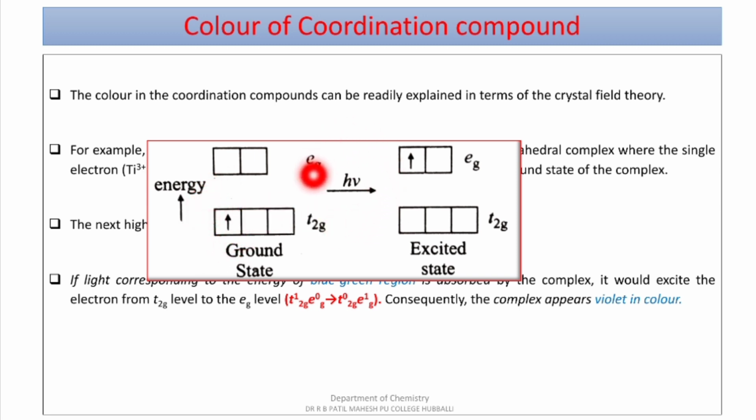In the presence of light of suitable frequency, it excites to the higher energy level, the eg level. So the electronic configuration at the beginning is t2g1 eg0, which changes to t2g0 eg1. The lower d orbital electron excites to a higher d orbital, which is known as d-d transition, and which is responsible for color in coordination complexes.